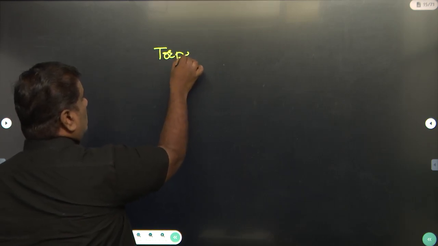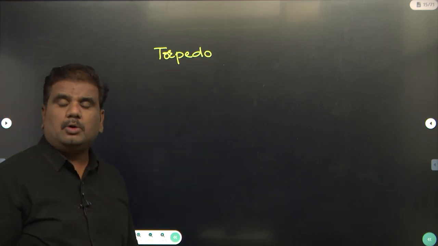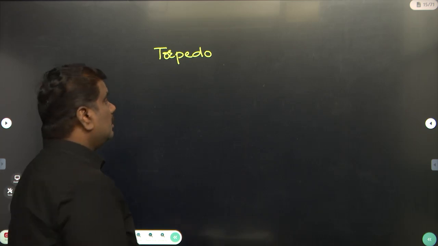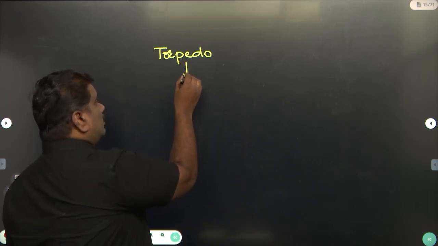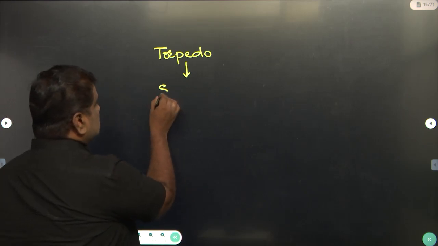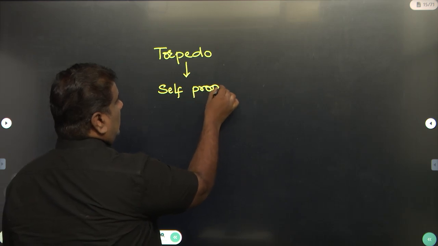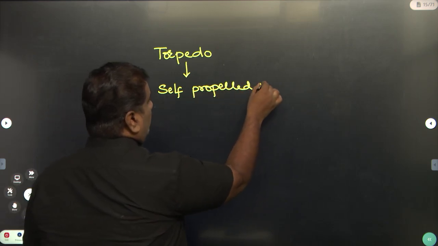One term is known as torpedo. So what is a torpedo and what is a missile? The moment we're talking about the case of torpedoes, torpedoes are self-propelled vehicles.